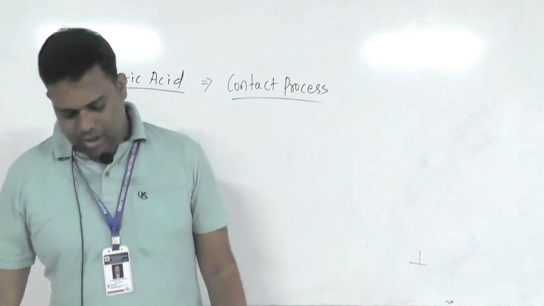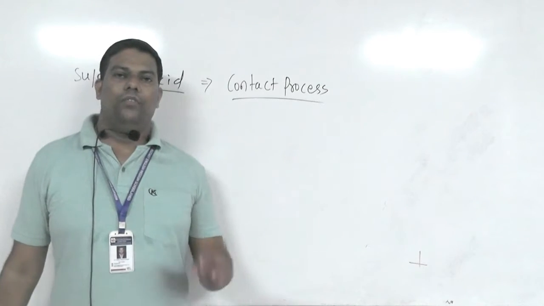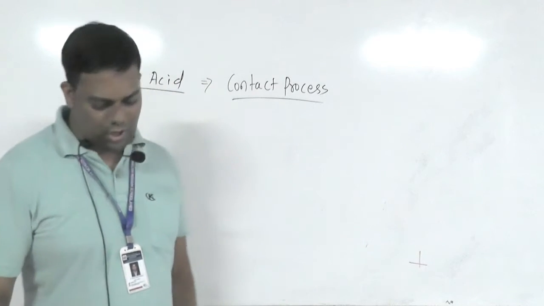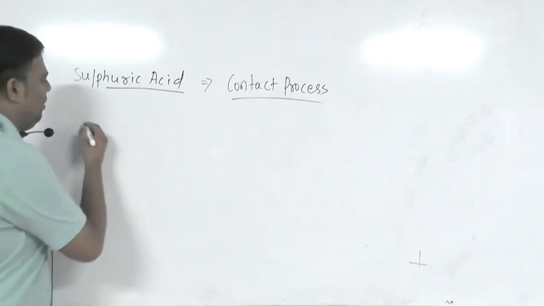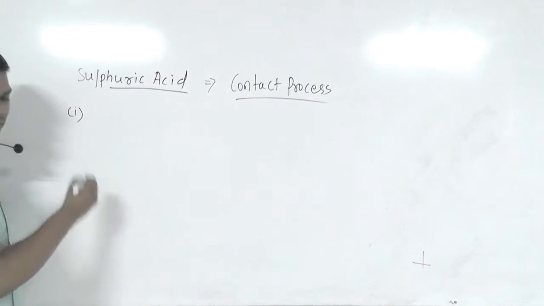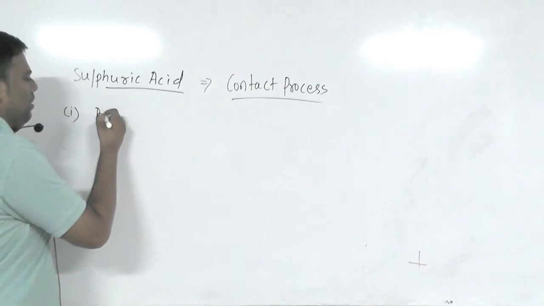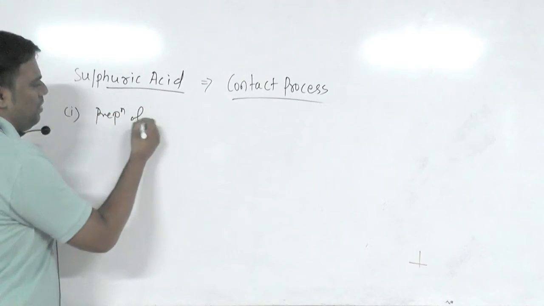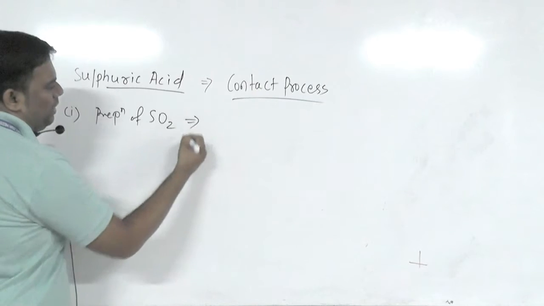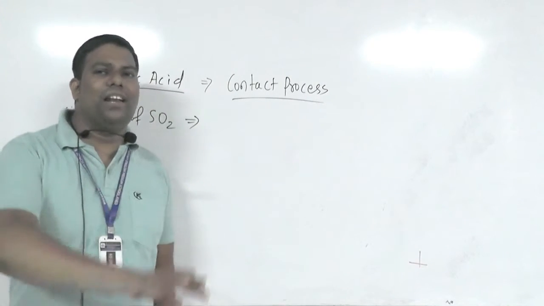Now for the preparation of this, we want to perform three steps. So first step, write down side by side: preparation of sulfur dioxide. How will we prepare sulfur dioxide? By simply burning sulfur.